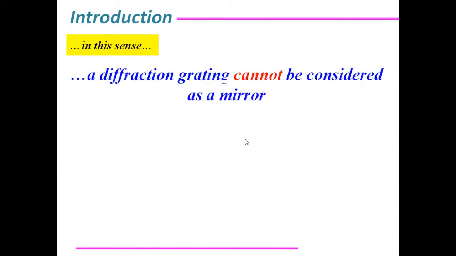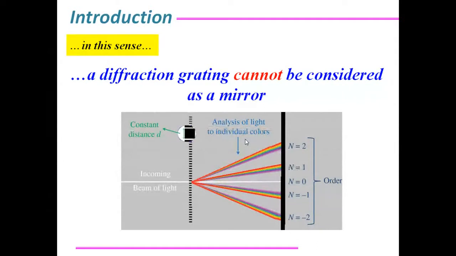In this sense, would we consider a diffraction grating as a mirror? My students of optics 2 will remember what a diffraction grating is. It consists of a series of slits equally spaced by a distance d. Then we have an incoming beam of white light, composed of several wavelengths, so we have different diffraction orders.